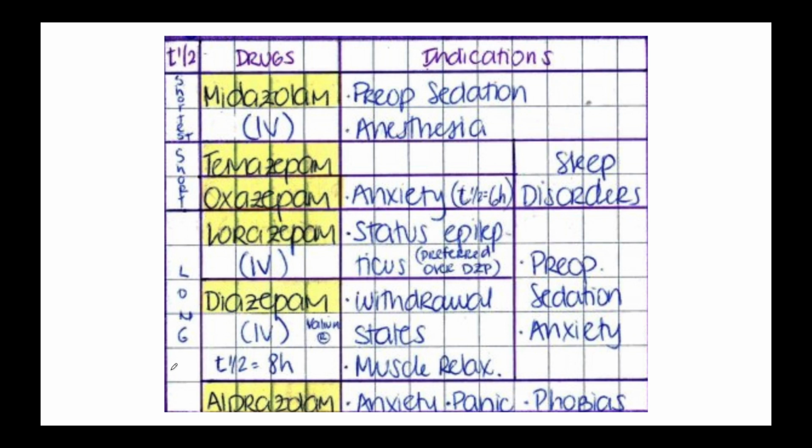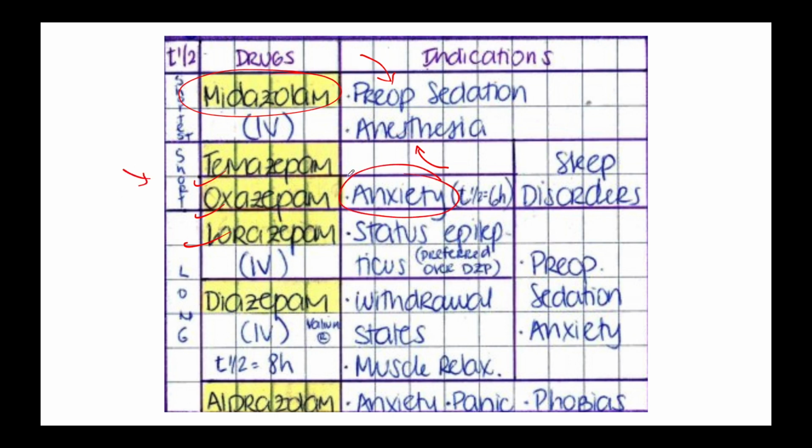Now let us talk about the different benzodiazepines and their important therapeutic indications. Midazolam is the shortest acting, so for preoperative sedation and anesthesia, we use midazolam. Temazepam, oxazepam, lorazepam are all short acting.